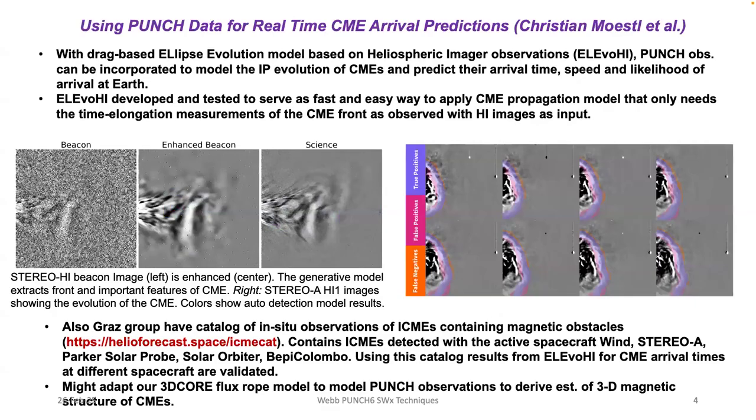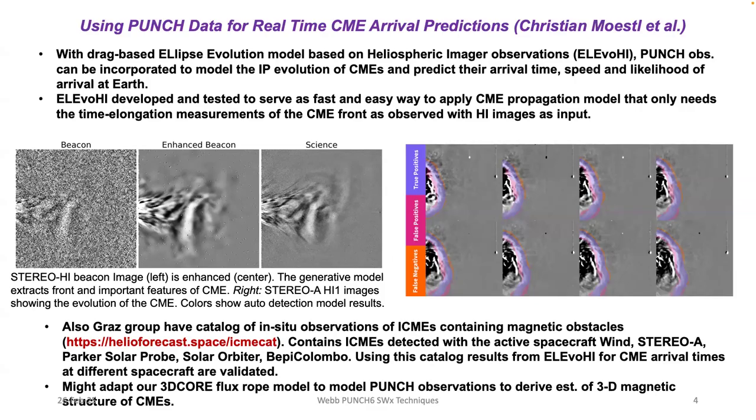Okay, this is using PUNCH for real-time CME arrival predictions. Chris Möstl and his group at Graz are using their drag-based ellipse evolution model based on heliospheric imager observations. They've been primarily using it lately with STEREO data.